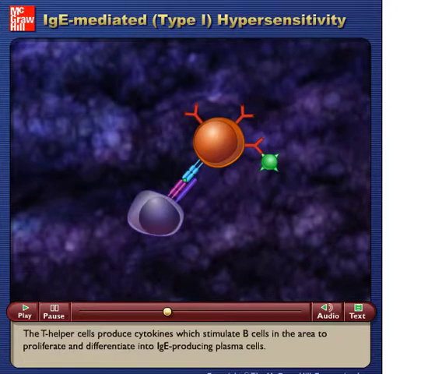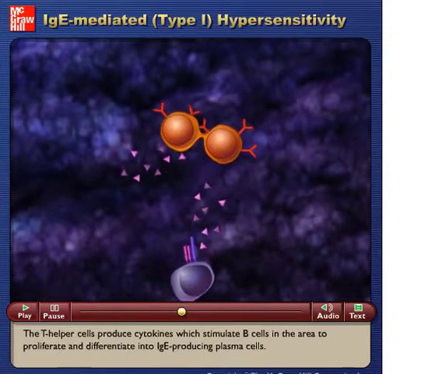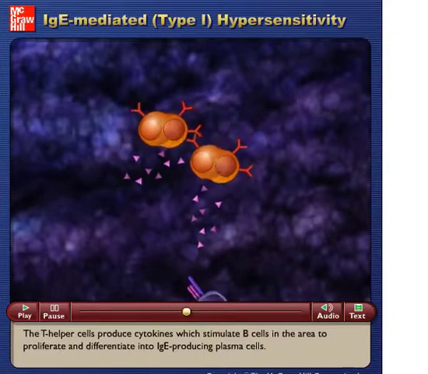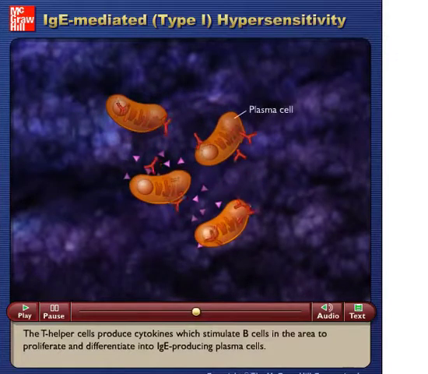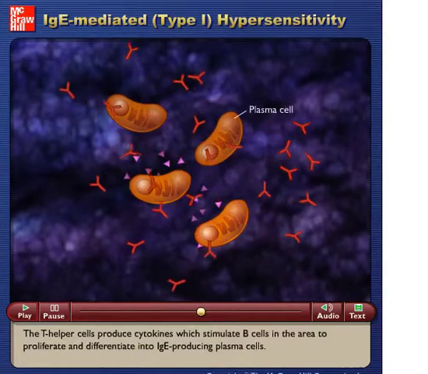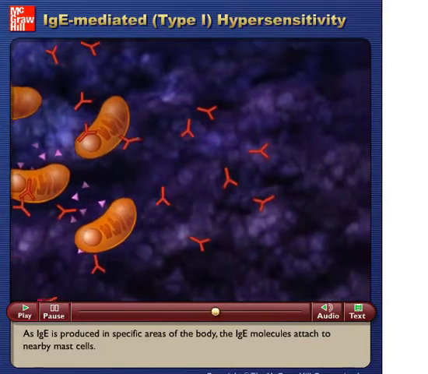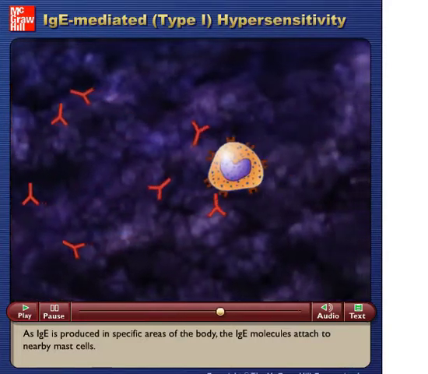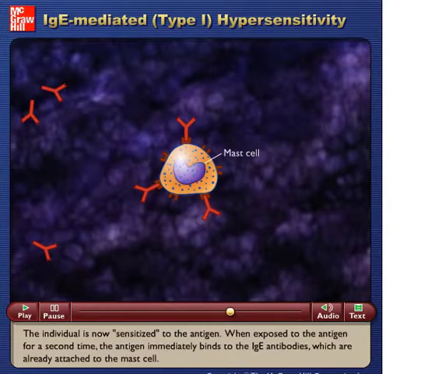The T helper cells produce cytokines, which stimulate B cells in the area to proliferate and differentiate into IgE-producing plasma cells. As IgE is produced in specific areas of the body, the IgE molecules attach to nearby mast cells. The individual is now sensitized to the antigen.